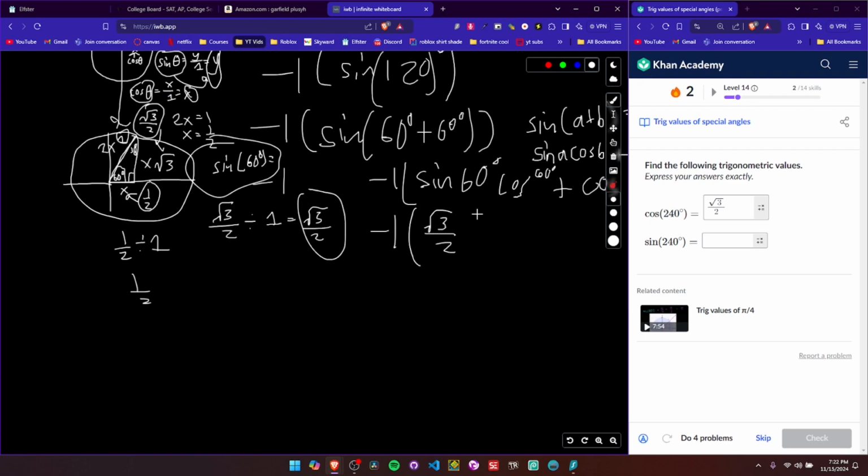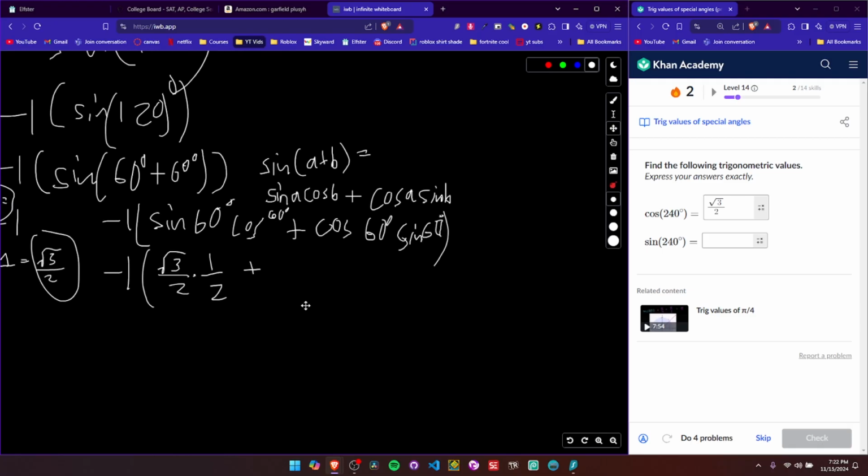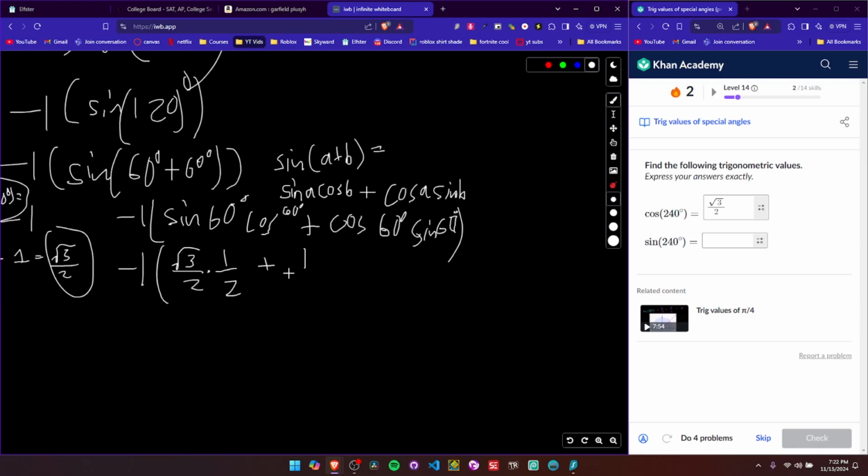So sine of 60 degrees, root 3 over 2, times cosine of 60 degrees, 1/2, plus cosine of 60 degrees, 1/2, times sine of 60 degrees, root 3 over 2.